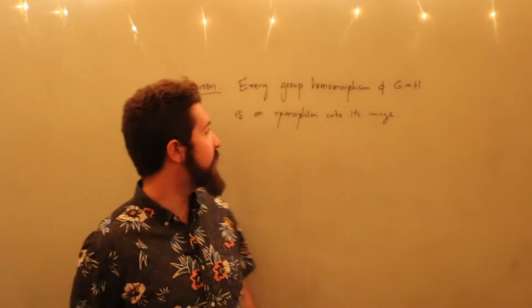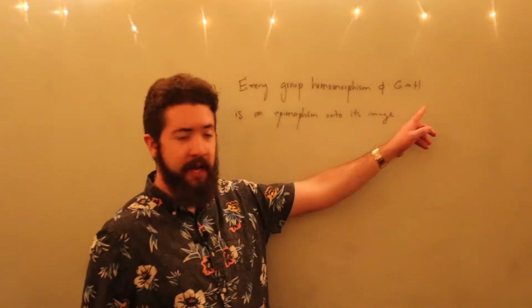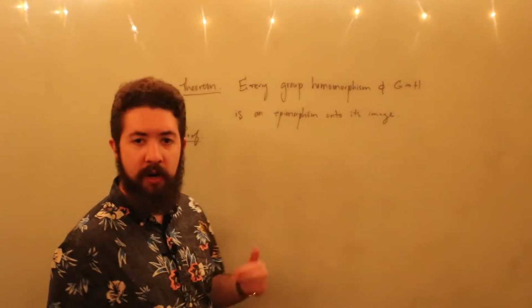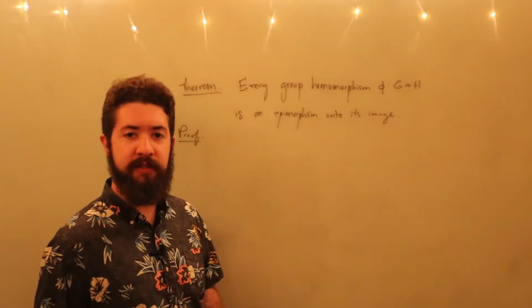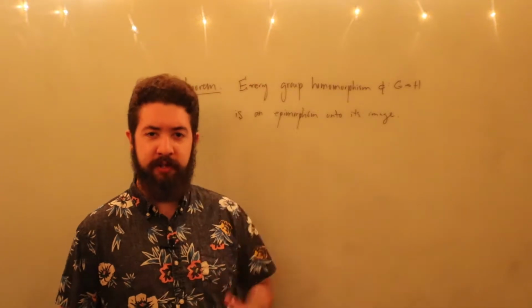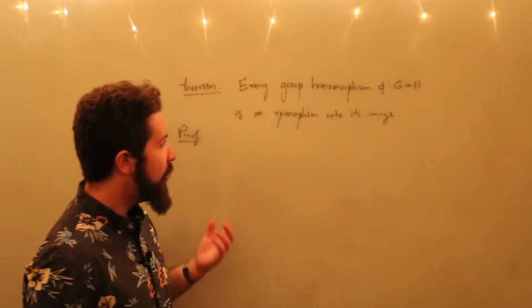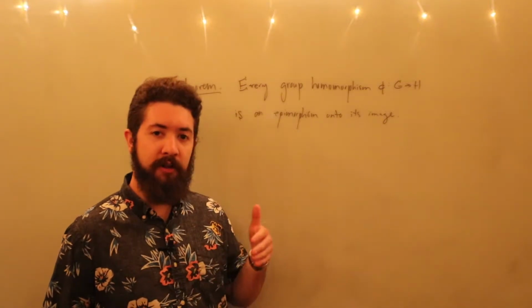Alright, so for our first theorem, every group homomorphism phi from G to H is an epimorphism onto its image. In other words, it is a surjective homomorphism. To see this is true, there's only really two things we need to note. One, every function is surjective onto its image, right?